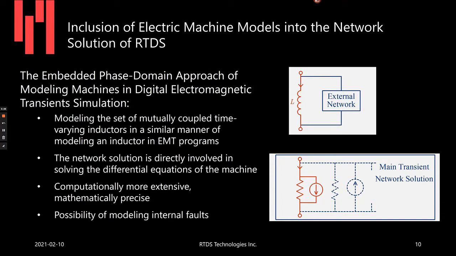If you precisely apply the mathematics of integration here, you can represent the machine in discretized form as a set of current sources and a conductance matrix. This method is more computationally extensive, however, mathematically more precise. It also allows the possibility of modeling internal faults.